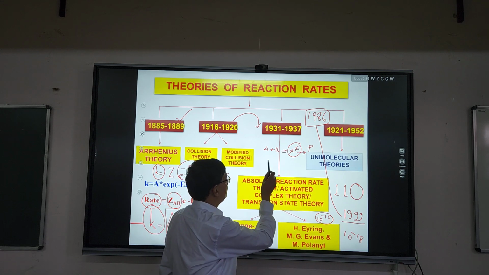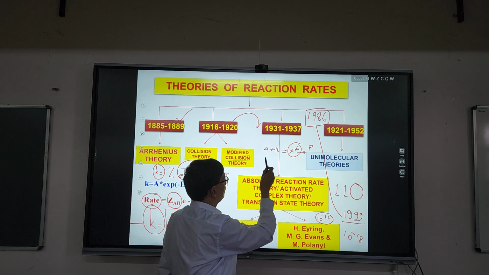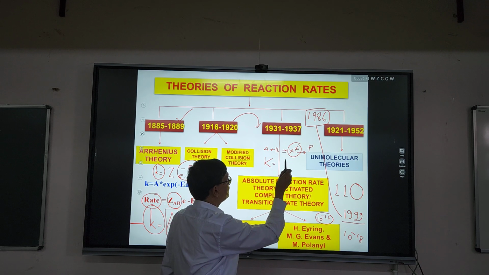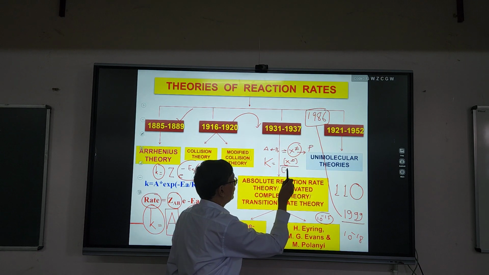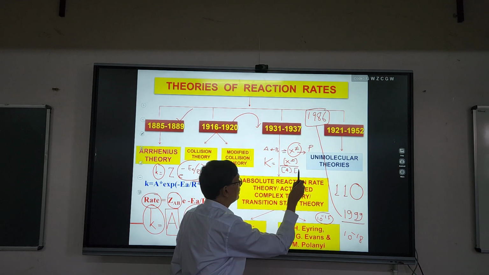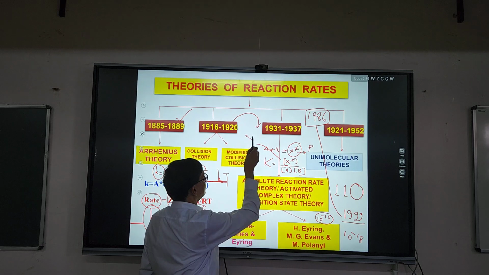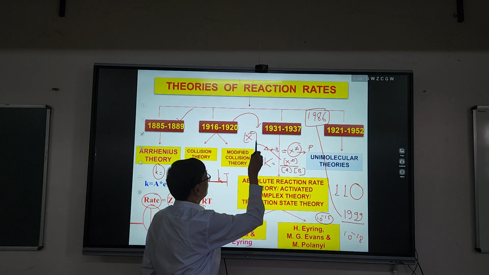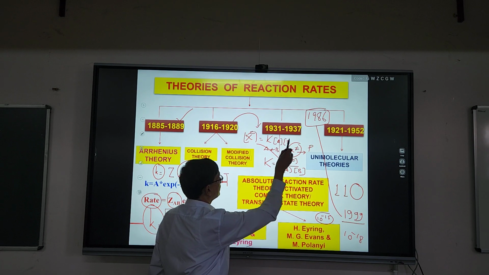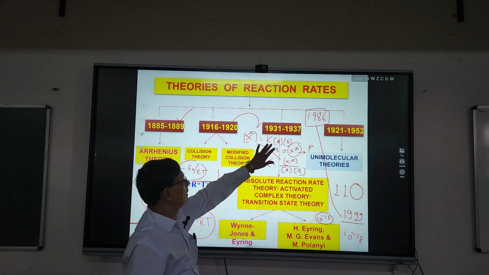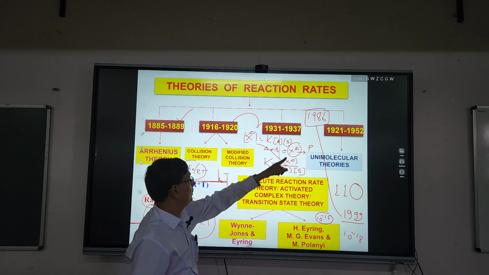If I write A plus B is equal to activated complex, then K is equal to, you all know this, X divided by A and B. So if I want to determine X, it is K times A and B. So I must know the correlation between K and the constant.